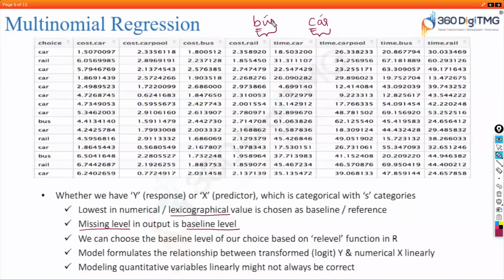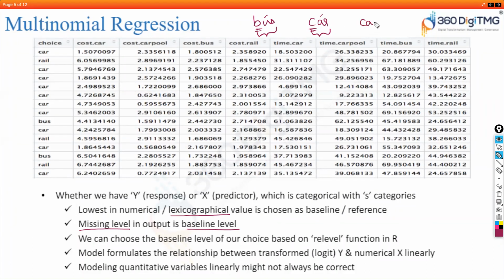If you feel that, you know what, I don't want to look at the output with reference to car. So what happens is, if this becomes baseline, interpretation of your coefficient values would be done with reference to car. How much would it cost to travel in a bus with respect to car?